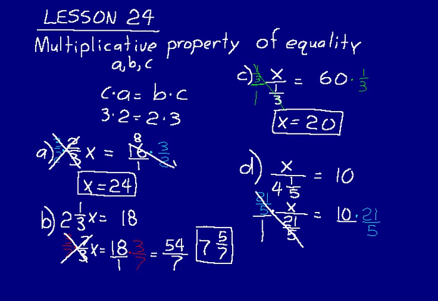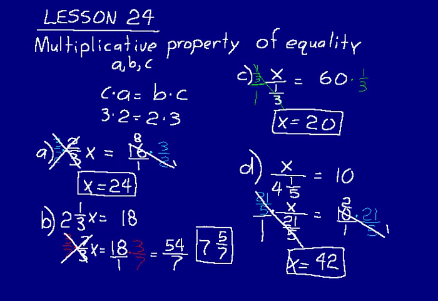You don't have to do it this way, but if you get confused with fractions, you can always think of a whole number as over 1, change it to a fraction, and then we can see we have 10 over 1 times 21 over 5. 10 over 5 would simplify to 2 over 1, and then on the left we just end up with x is equal to 2 times 21 is 42 over 1 times 1, so that's just going to equal 42. So x equals 42.